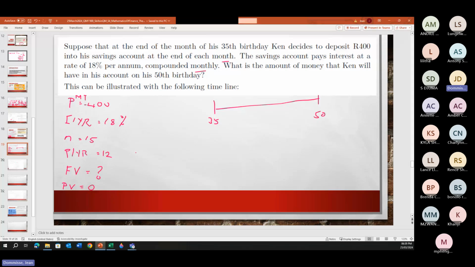So if we also multiply that out just to check it, we will see it's 180 periods that we are working with. And then your future value, if you press it, will be 36249.81.